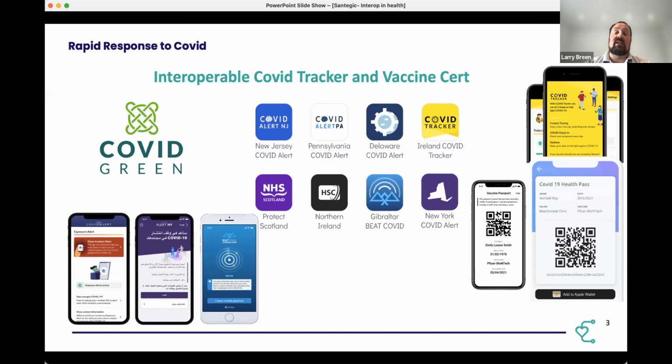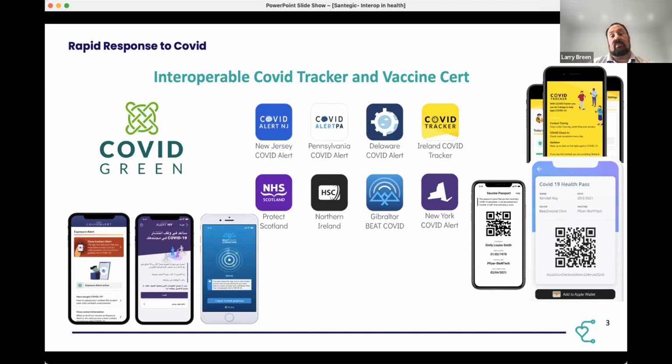Okay, so what we needed to make sure is that the coding that we were using, the QR codes and the information that we're providing was agreed upon, that the standards were there, and that we were able to take a digital vaccine cert that we've created here in Ireland under the HSE and transmit it out to our population.